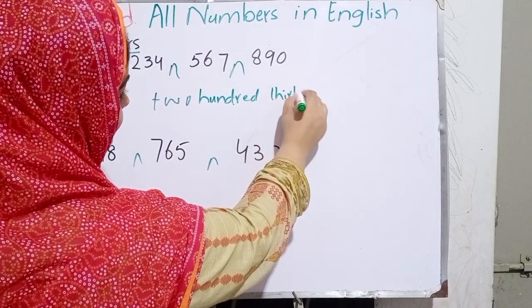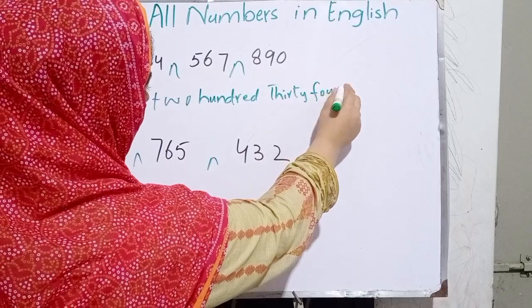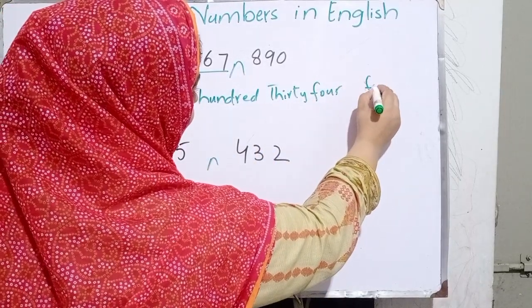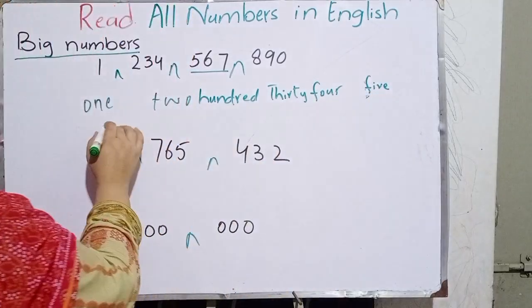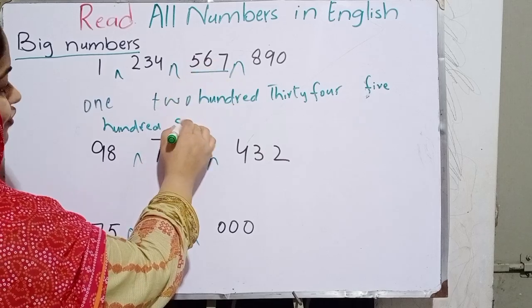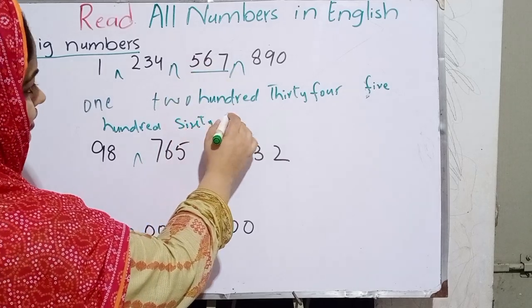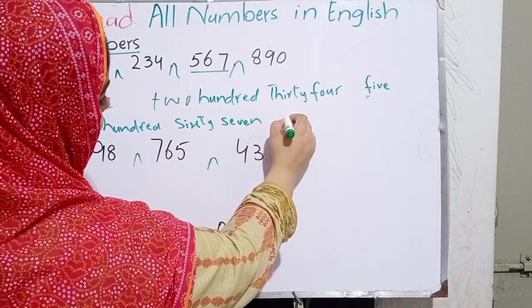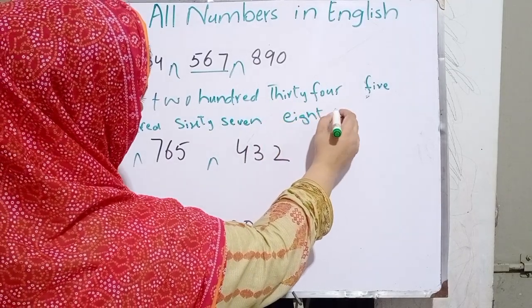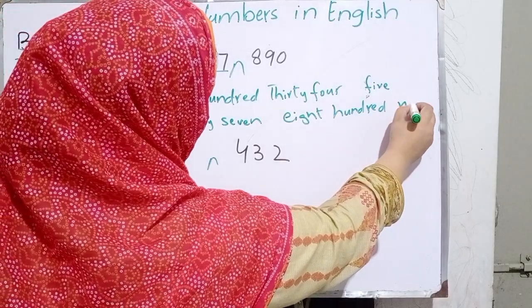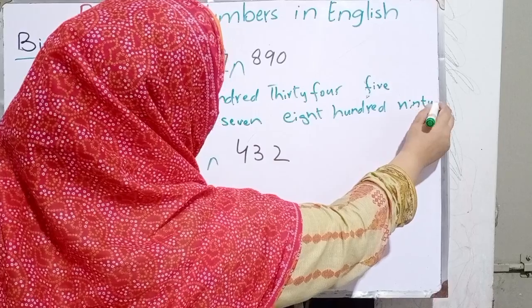You understand this? 234. What is this? 500. 565. Very good. 567. Last one. 800. 890.